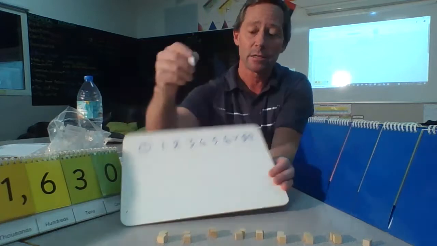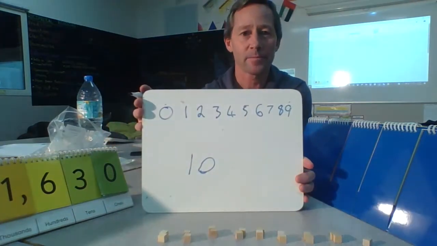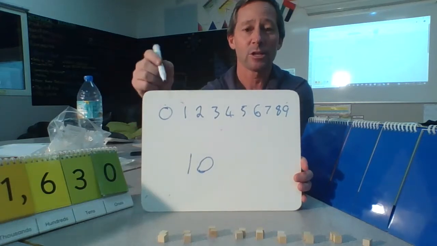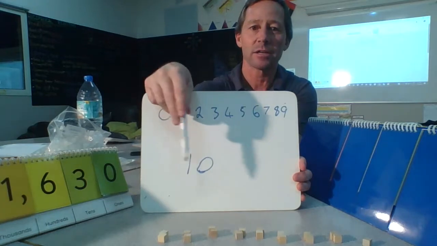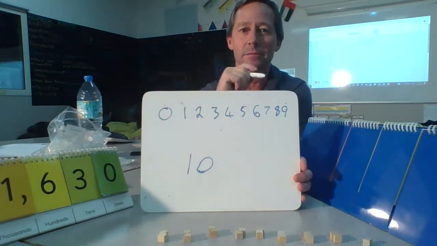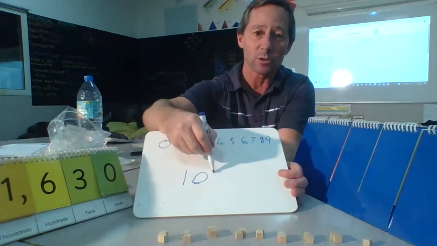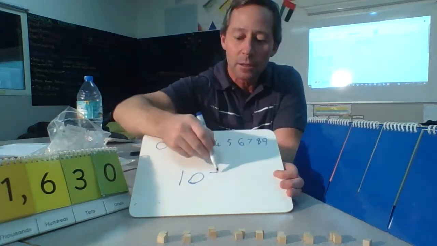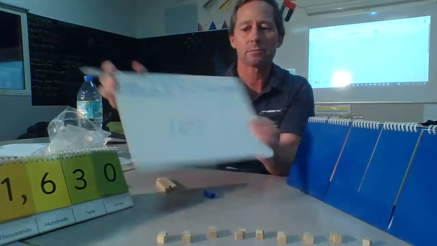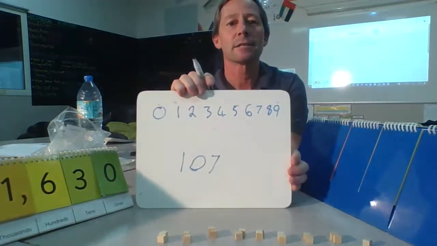Because when we write the number 10, that one there, we're using a 1 and a 0. So how many digits are in 10? There's 2 digits. Now I'm trying to write a 7. Did I get that right? Yes, I've got it right.